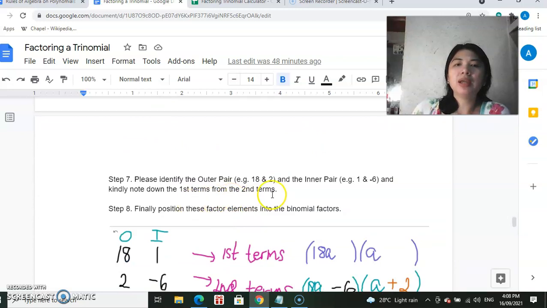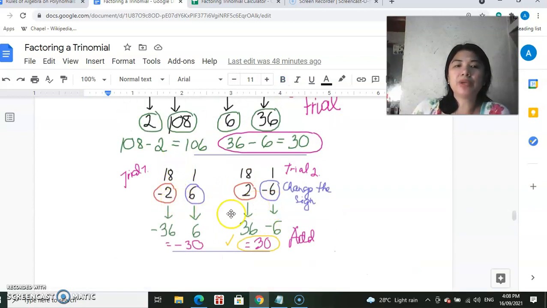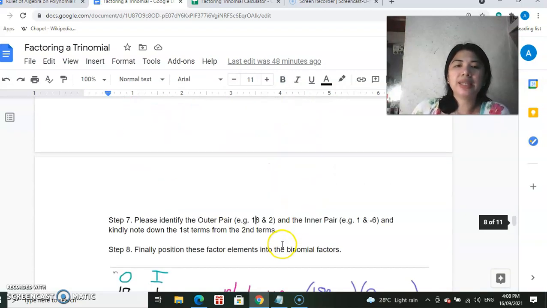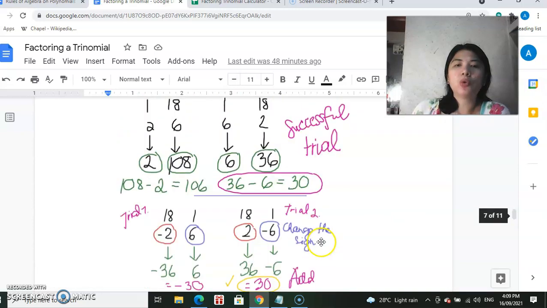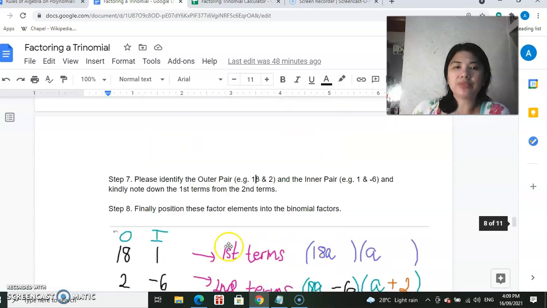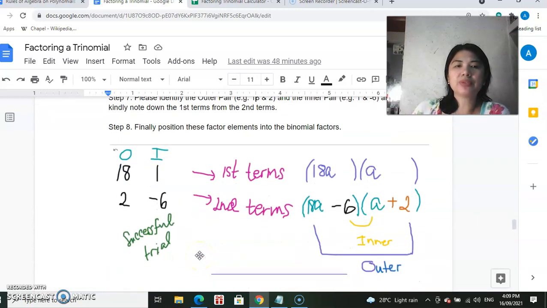So muna nga for the outer pair 18, di ba, 18 is paired with 2, yeah. And then for the inner pair, 1 is paired with negative 6. Okay, so makita to sa visuals here, 18 is paired with 2, and 1 is paired with negative 6. This is the successful trial, outer and then inner.